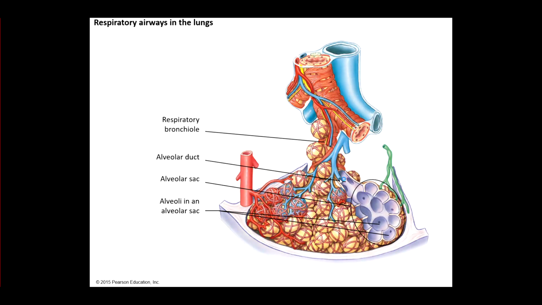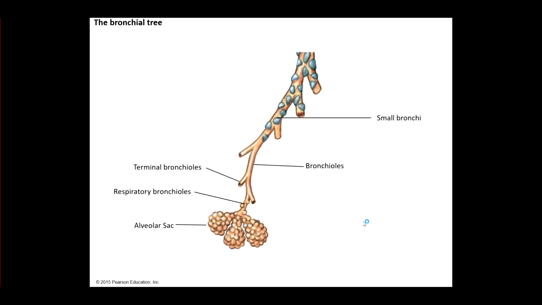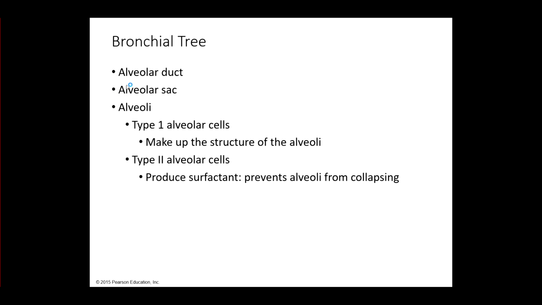We couldn't see this before on the other picture, but now since it's cut open, this is going to be called the alveolar duct. And that's bringing air into this air sac over here. This is going to be called the alveolar sac. And then each one of these bubbles here is an individual alveolus. So the alveolar duct is going to feed the alveolar sac.